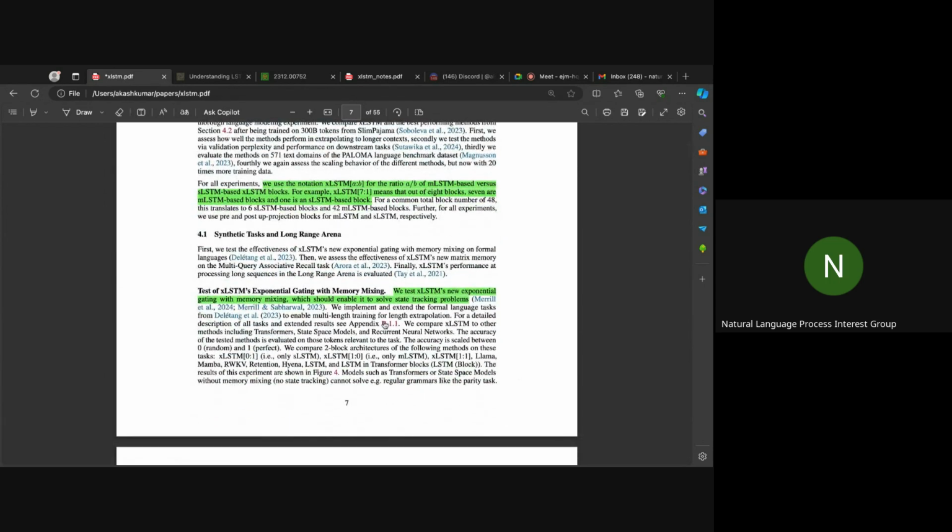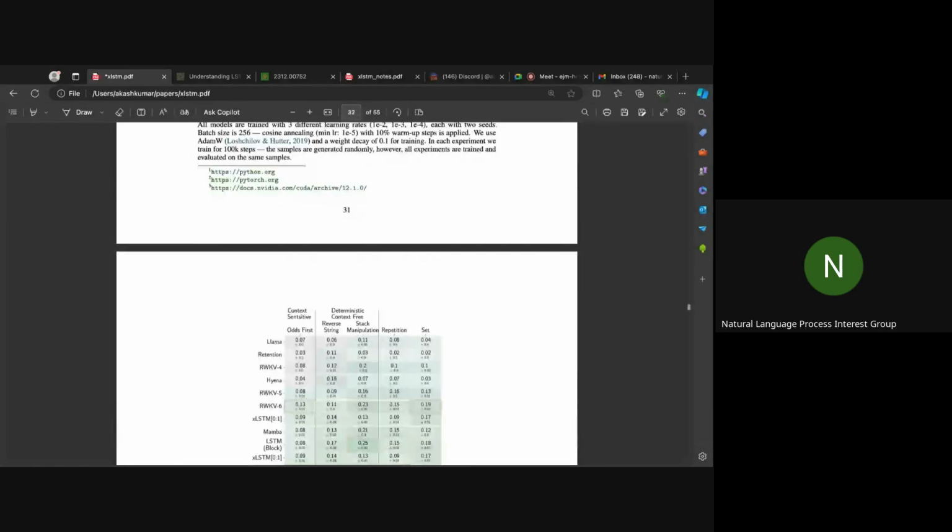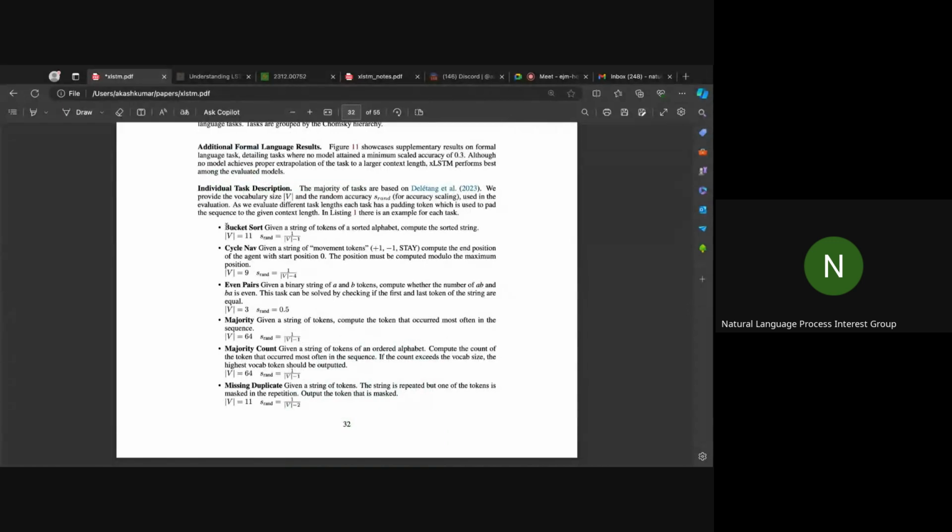Now we will discuss the performance of this architecture on problems which involve state tracking. We'll talk about some examples. These are tasks that involve tracking state or need to remember something about the information that the model has seen till now. Bucket sort is, given a string of tokens of a sorted alphabet, compute the sorted string. So it has to remember all the information it has seen and sort that string.